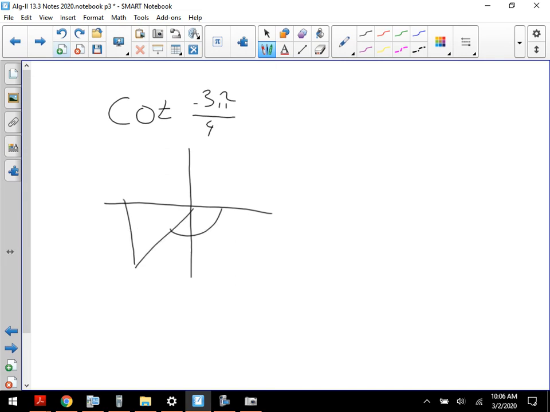Reference angle is pi over 4, which means my opposite and adjacent are both negative 1. Cotangent is reciprocal of tangent, isn't it? What's tangent there? 1. So what's cotangent? 1.